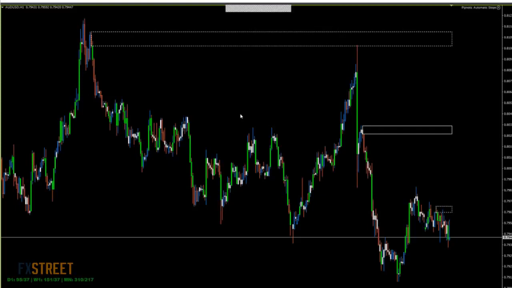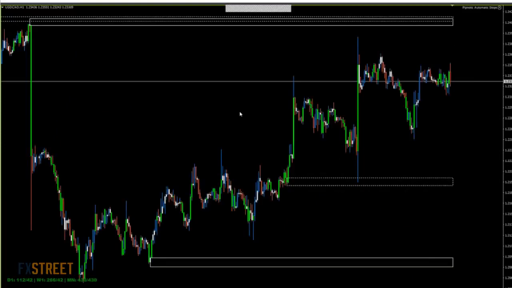Okay, then we have another example, and that is this one here. We have this little tiny area where price accumulated for an extended period, three periods. It left, we came back to the area, and then we left. So you could say it's debatable whether this is a nice area of demand, due to the fact that price has already been back as far down as these lows here.